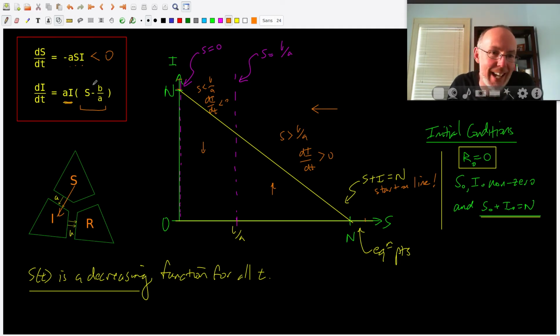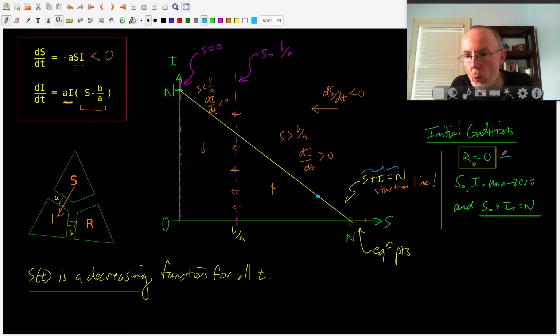When S is exactly equal to b over a, then we're moving exactly left and right because I is not changing at all. And so along this line, we're moving exactly, in this case, to the left because S is always decreasing, right? dS/dt is always negative, so we're always moving to the left. Let's draw some trajectories. Every single trajectory starts on this line because that's where the sum of I and S is equal to the total population.